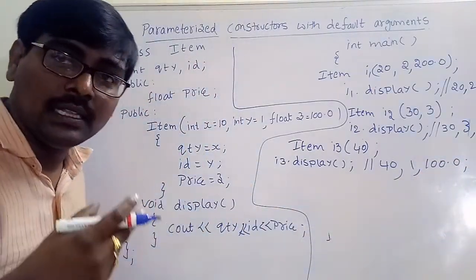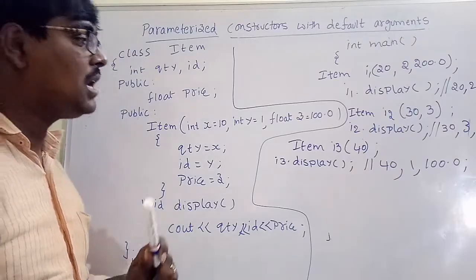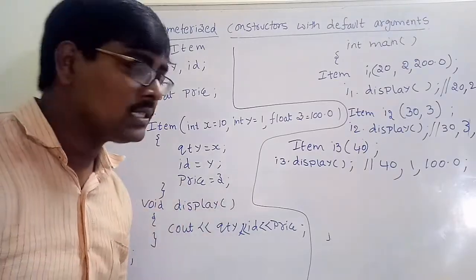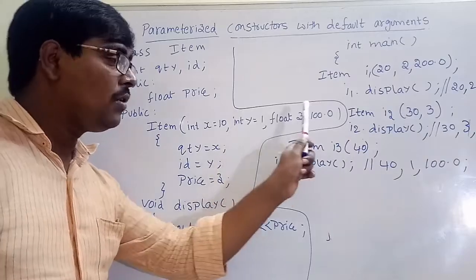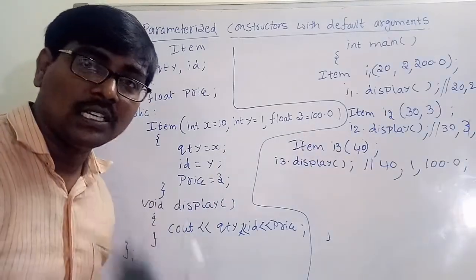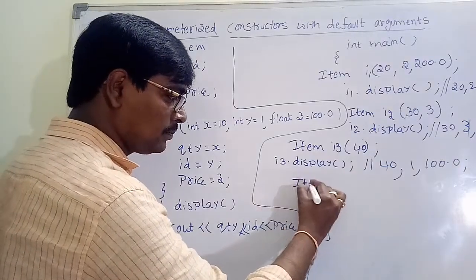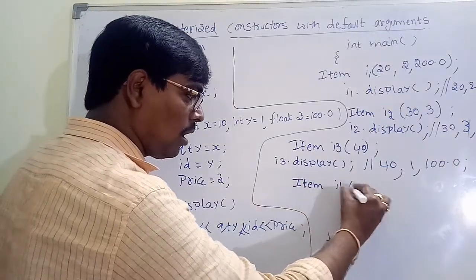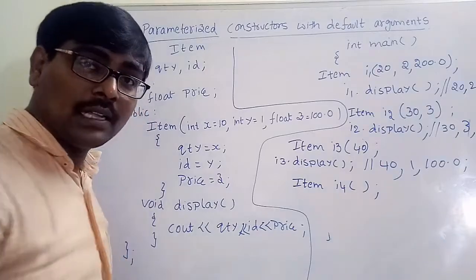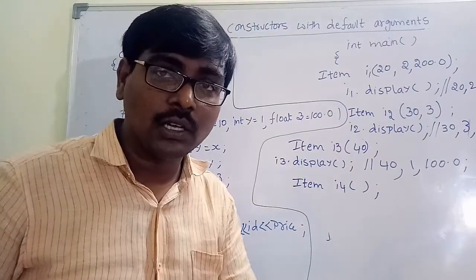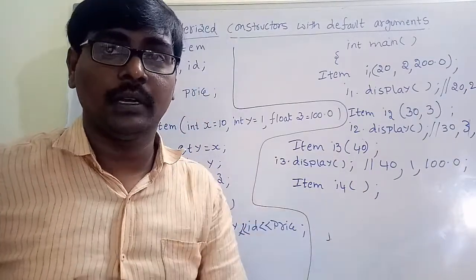If you are passing the exact number of parameters, they are overridden. Otherwise the default values are considered. Now consider one more, and a very important one, item i4 of. That is, I am calling the parameterized constructor without any parameters.